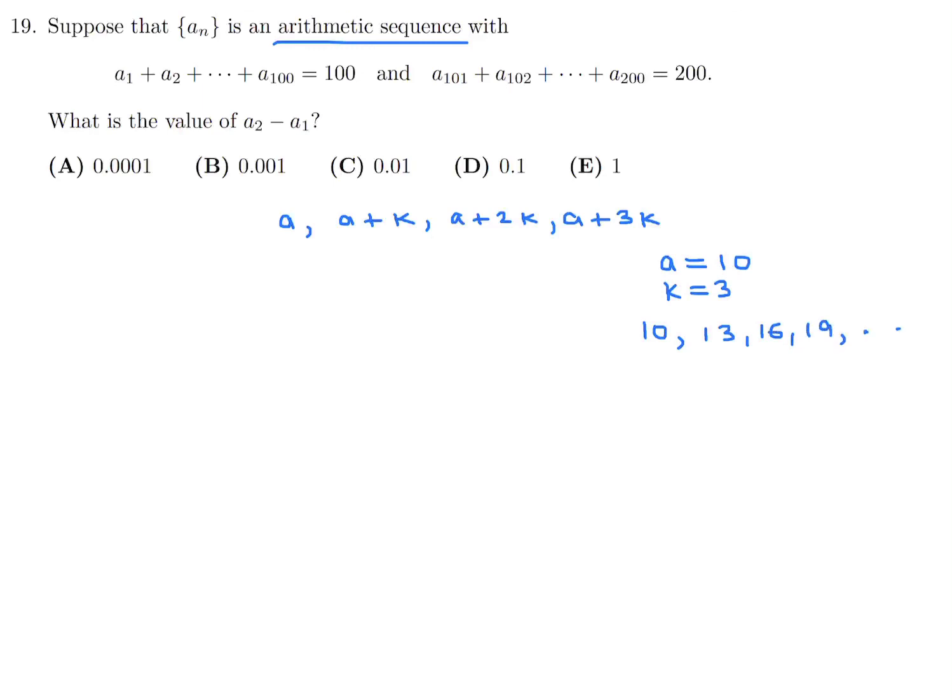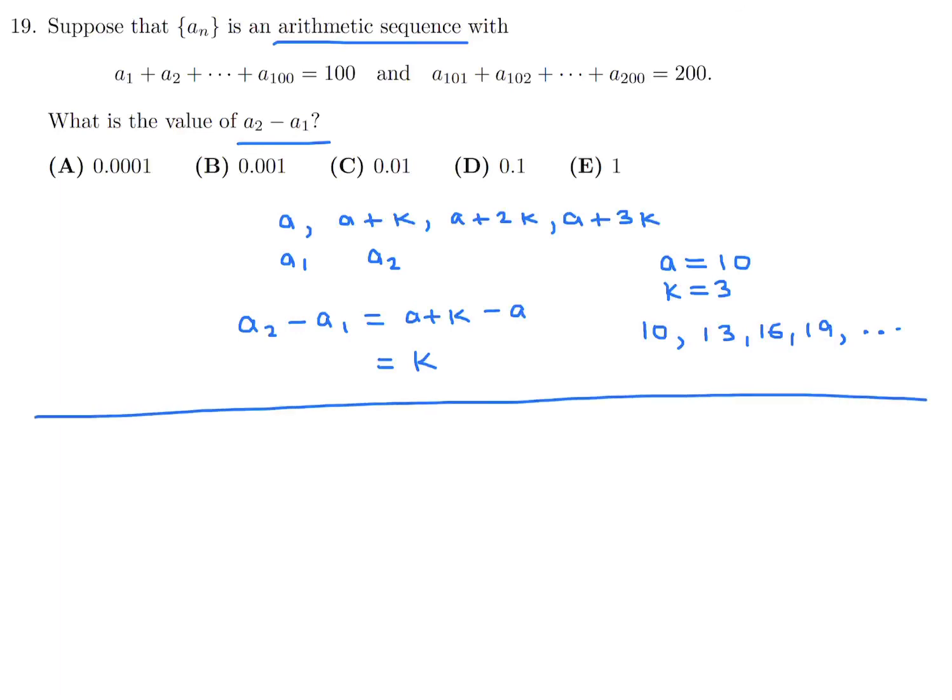That would be one arithmetic sequence. What they want us to figure out, a_2 minus a_1, is the second term minus the first term. So a_2 minus a_1 would be a plus k minus a, which is actually just k. That's it. So that is a little bit of a primer, just in case you didn't know.